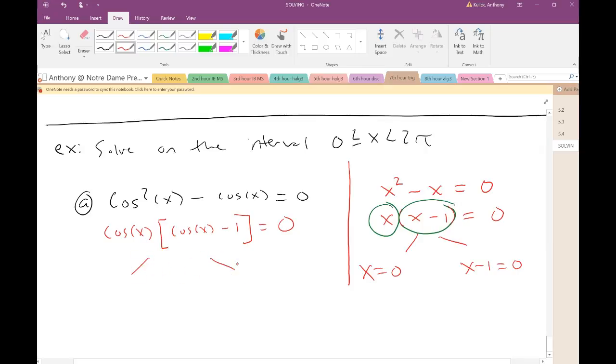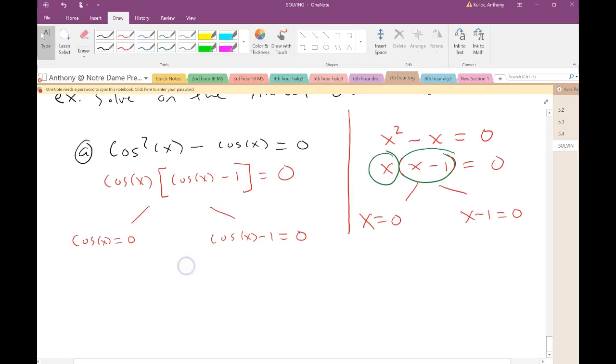So on this side, what am I going to do? I have cosine x equals 0, and I have cosine x minus 1 equal to 0. Everybody agree with that? Now I can solve each one of these two independently.